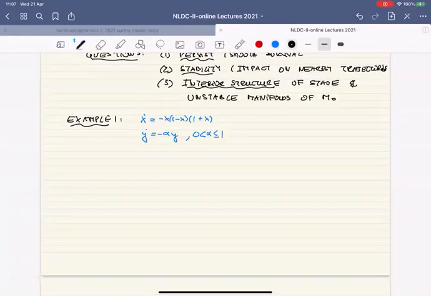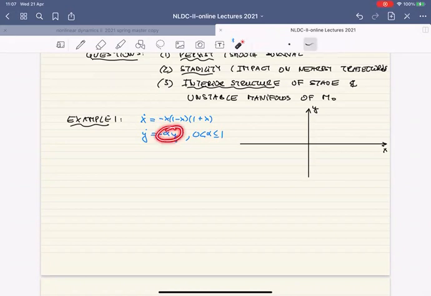What does this system look like? It's so simple that we can put together the phase portrait quite fast. This is the x direction, this is the y direction. What do you do first when you try to understand a system? You look for equilibria, for fixed points. That means you need a vanishing right-hand side for both equations.